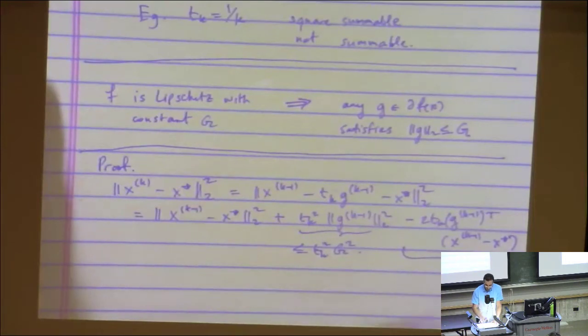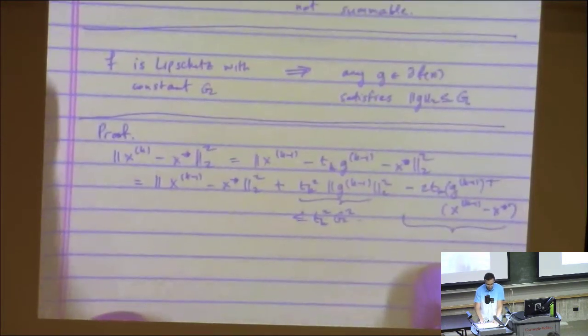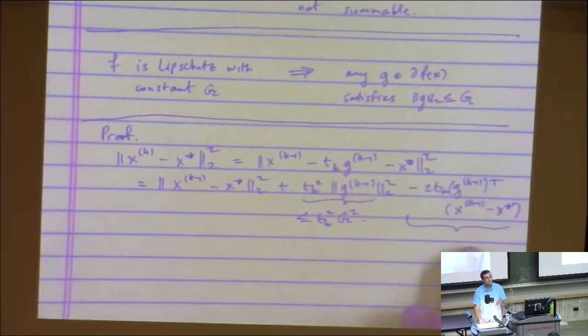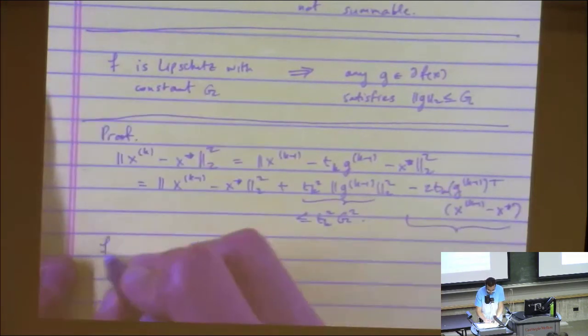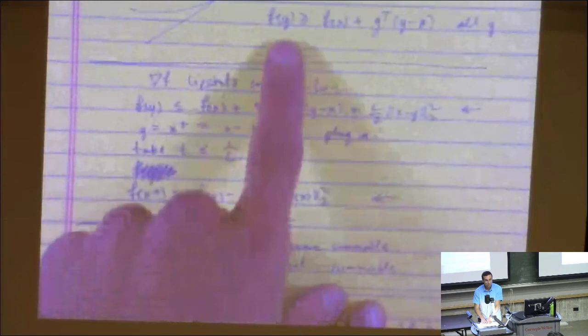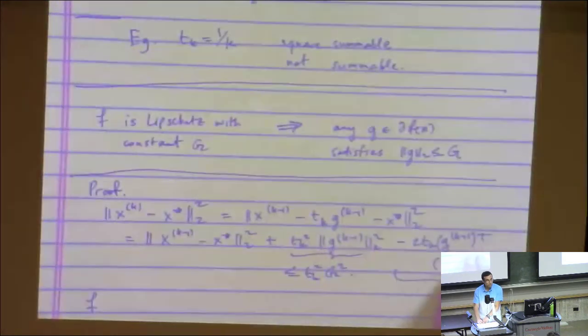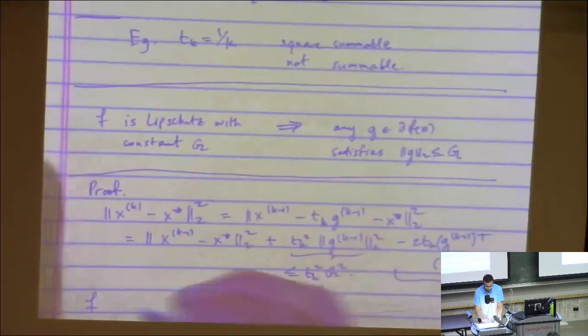So this term we're actually going to use just the definition of a subgradient to bound this. Right? So I know that gk minus 1 is a subgradient of my function f at the point xk minus 1. So that tells me for any y, this holds. This property holds. I'm just going to look in particular at y equals x star. You can guess that's the case because I have the subgradient inner product with a difference here between xk minus 1 and x star.